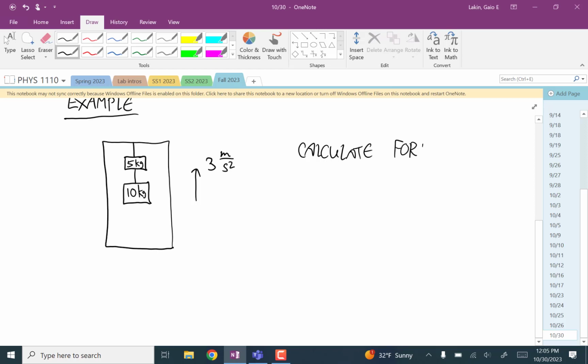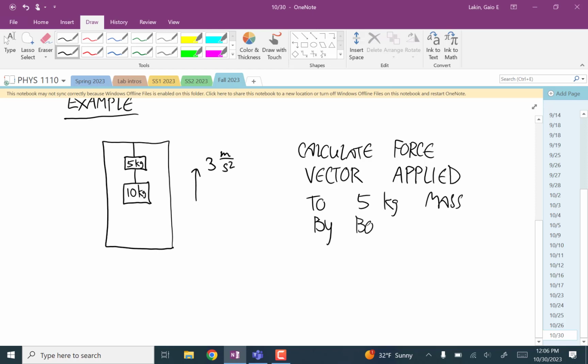Calculate the force vector applied to the 5 kilogram mass by the bottom cable.